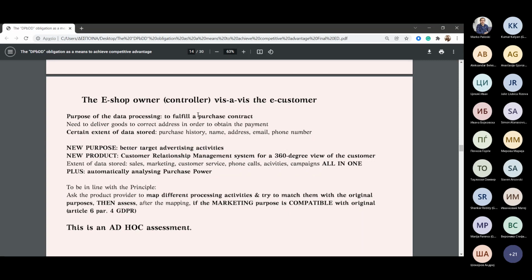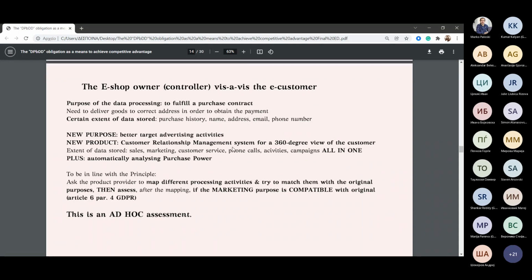Then he proceeds to an assessment after the mapping, and if the marketing purpose is compatible with the original purpose, this is in compliance with the guiding principle of purpose limitation and the lawfulness. And this is always an ad hoc assessment. That means that it is an assessment that takes place in terms of the particular case in question.